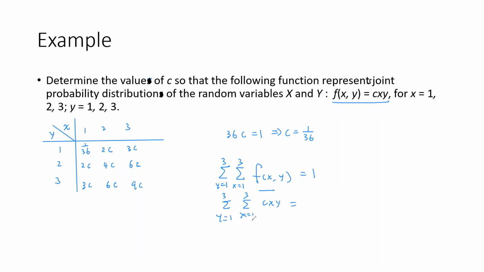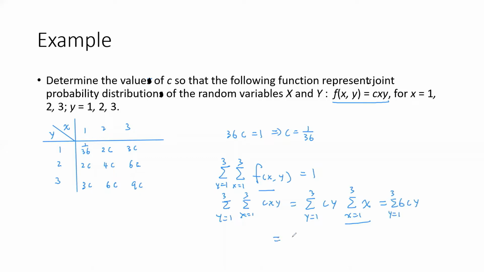When you take the sum with respect to x, you can treat y as a constant. So you can do this, cy, and the summation of x from 1 to 3, which is 1 plus 2 plus 3, which is 6. So you have 6cy, and then y from 1 to 3.